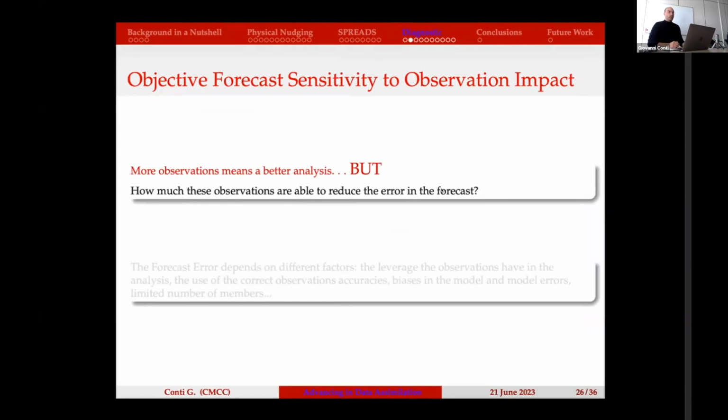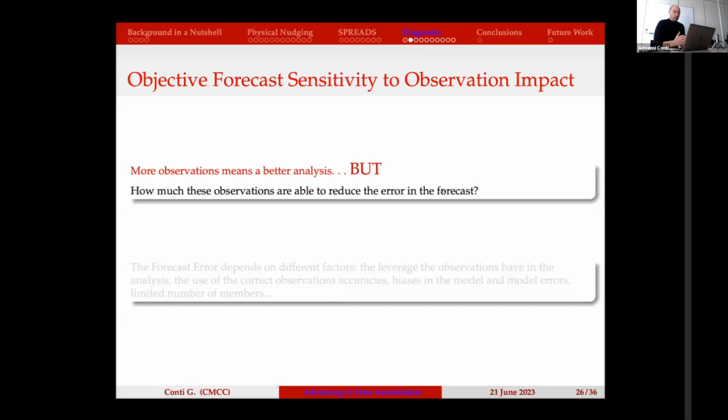So we need to introduce an objective forecast sensitivity to observation impact for an ensemble system, a general ensemble system, not tailored for just one specific algorithm. And because we know that more observations means a better analysis, clearly, unless you are using really bad observations with huge errors and completely biased. But generally, more observations means better analysis.